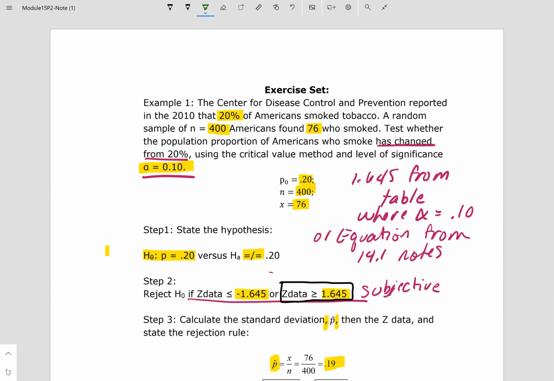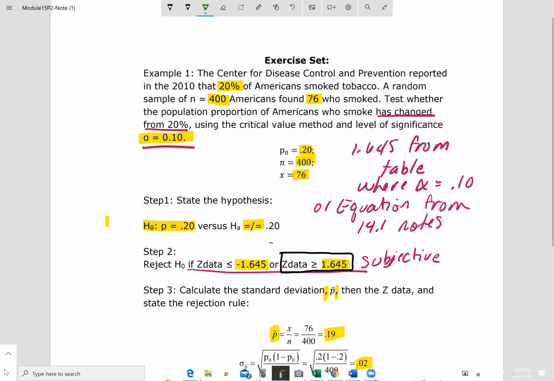So think of it this way. We are trying to test whether or not the Center for Disease Control has the correct proportion of Americans who smoke. So we took a sample of 400 Americans and found 76 who did smoke. Our null hypothesis proportion is 0.2, that 20%. But we are going to use p hat.